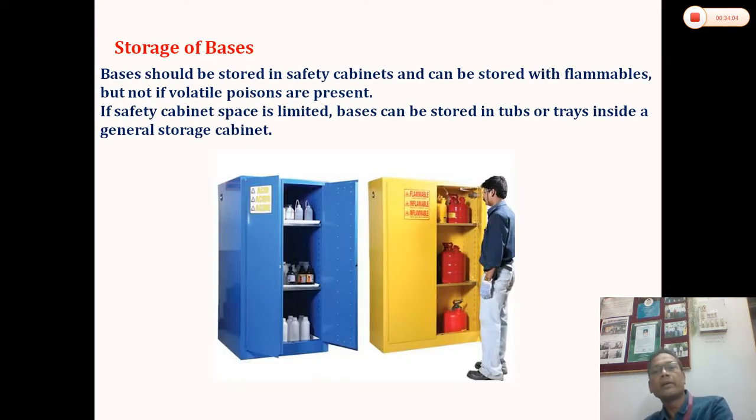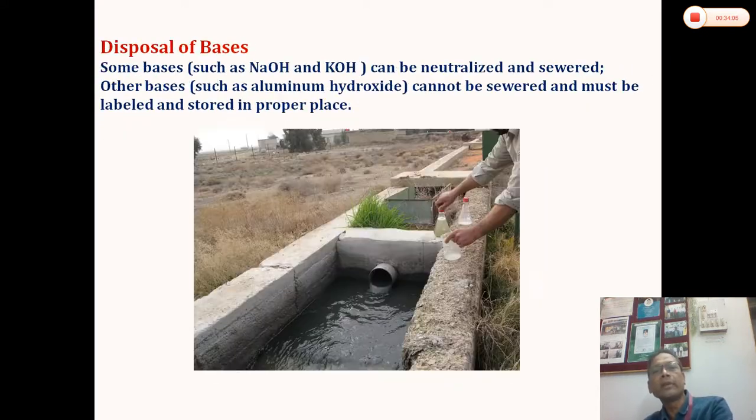These are the cabinets showing you how to store the chemicals. Some bases which are not in use, or extra bases, should be disposed of in the sewage, where they get somewhat neutralized and their effect on human beings is somewhat delayed.